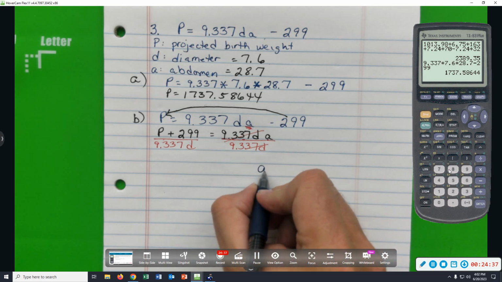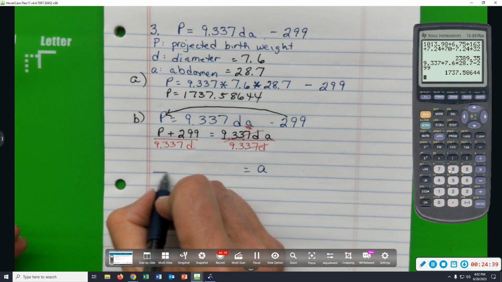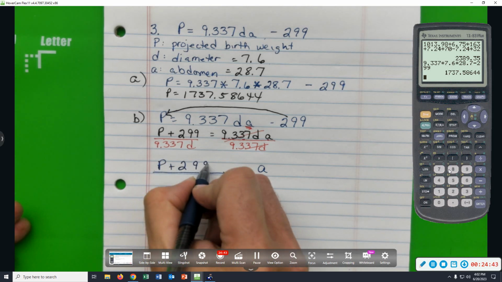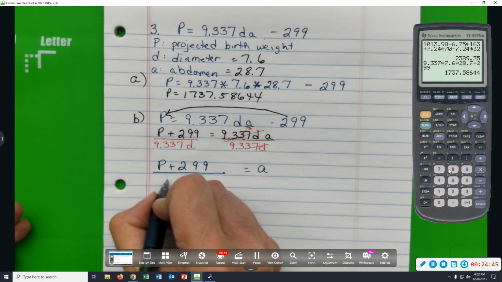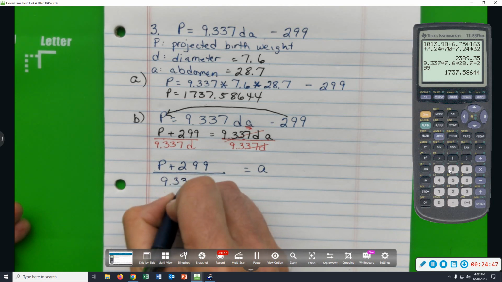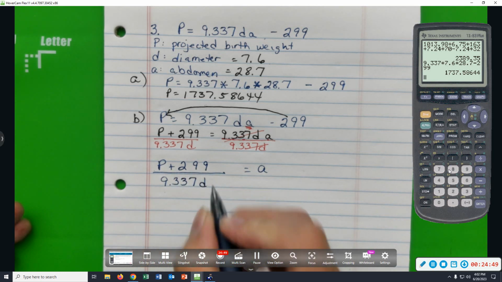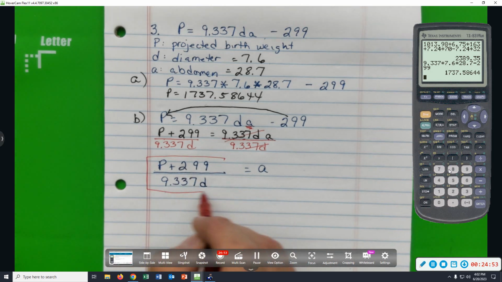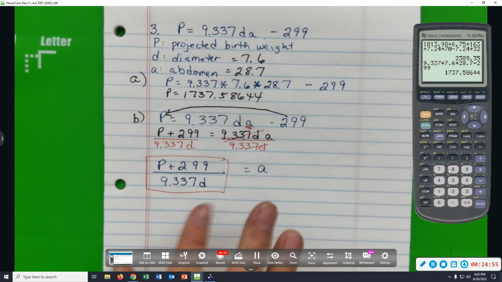A equals P plus 299 divided by 9.337 D. If we're going to be typing it in, that's what you would type in.